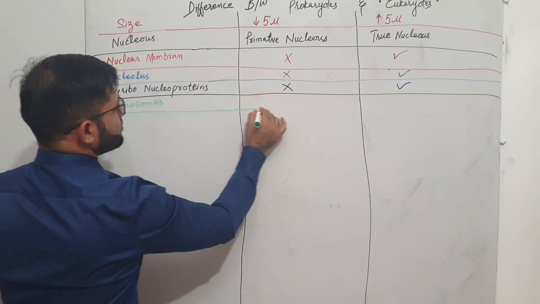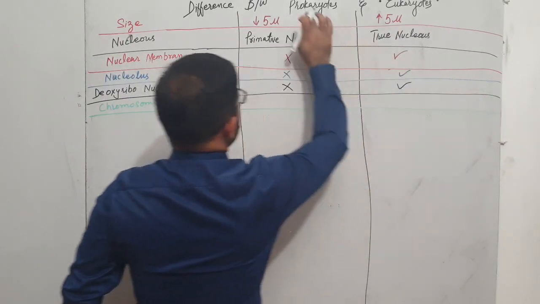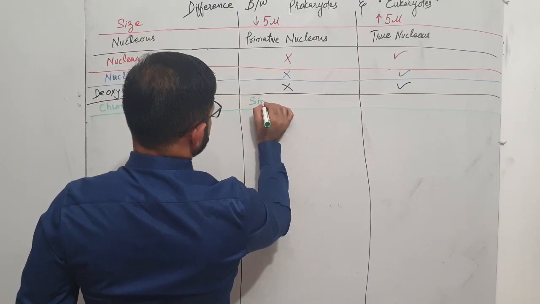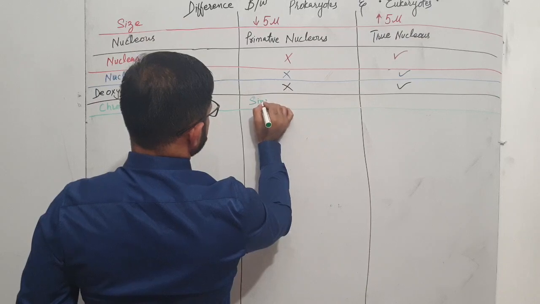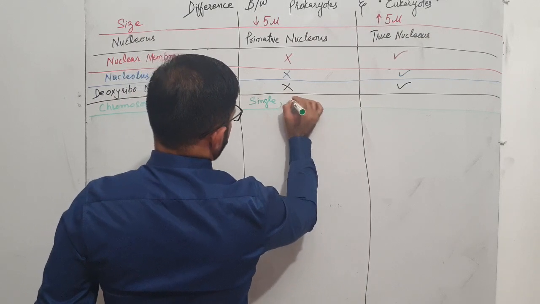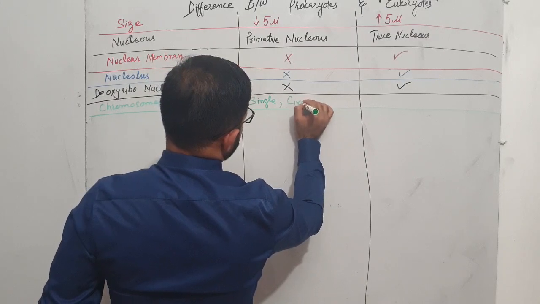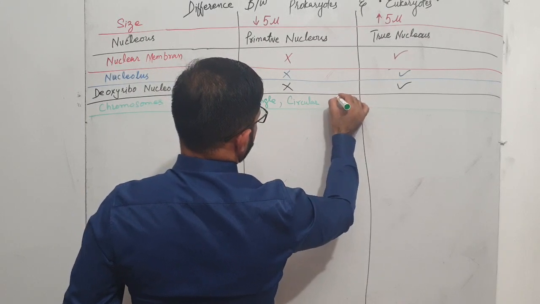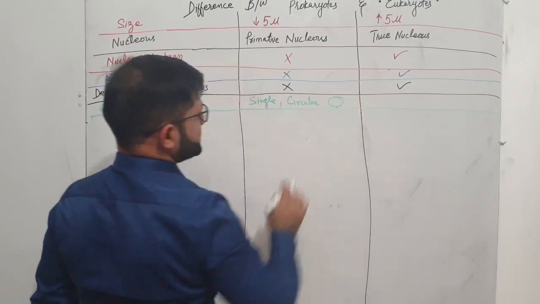Now, let's discuss chromosomes. The chromosome present in the prokaryotic cell is single and circular type. Circular means it will be of such type.